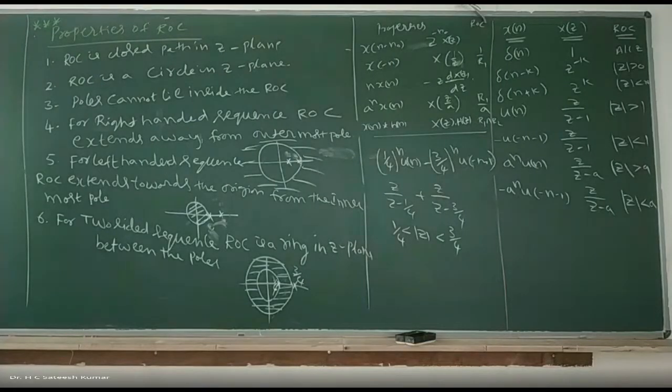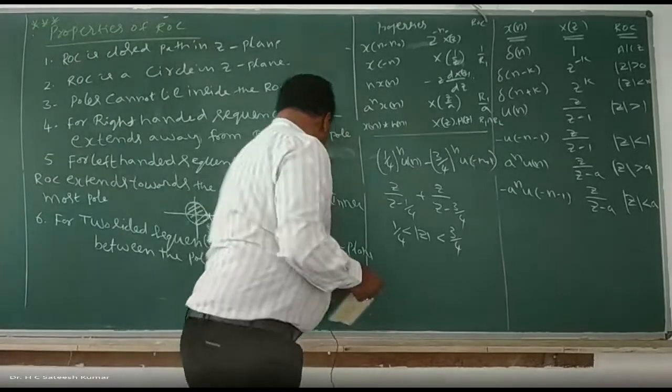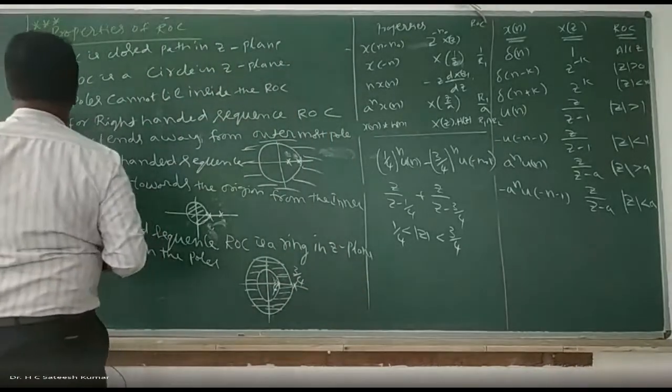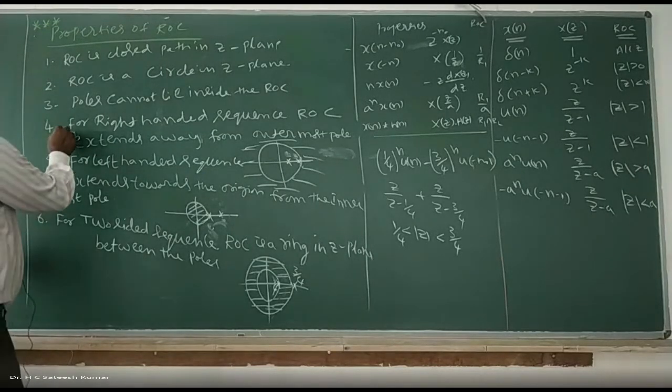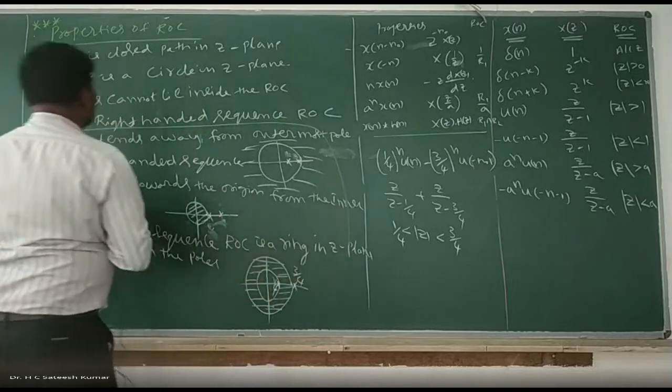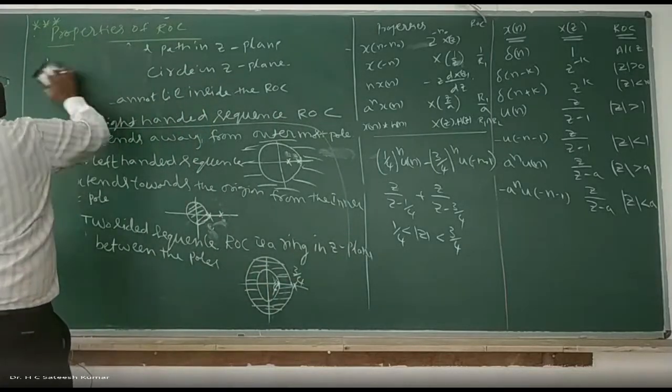Now, one more property. Property number 6 we got: 1, 2, 3, 4, 5, 6. Particularly these three properties are very, very important.